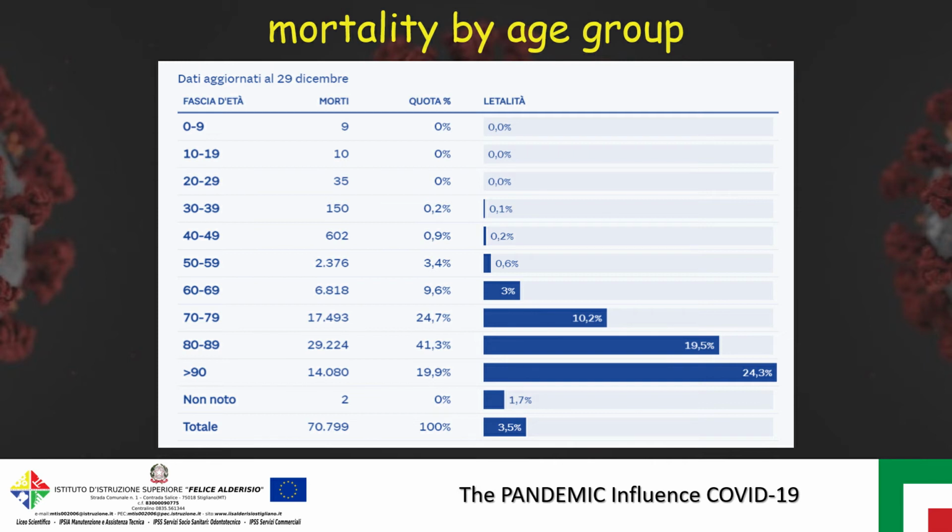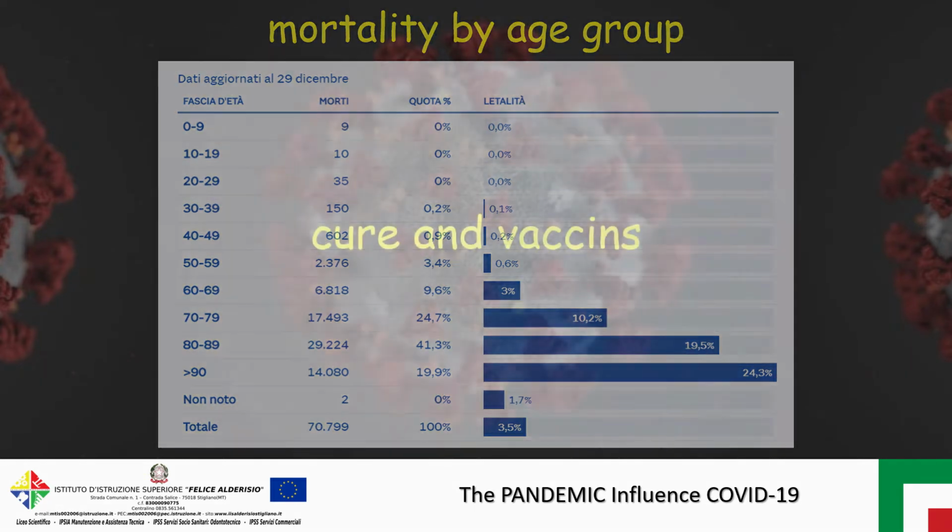For those older than 90 years, it increased to 24.3%, but on the other hand, the death rate for individuals under 60 was well below 1.7%. Overall, the mortality rate in Italy reached 3%, higher than that registered in most countries.